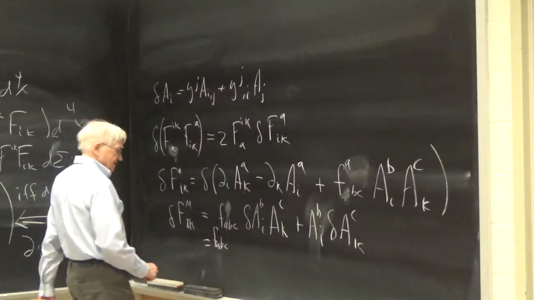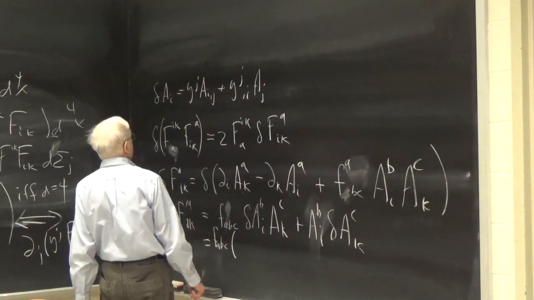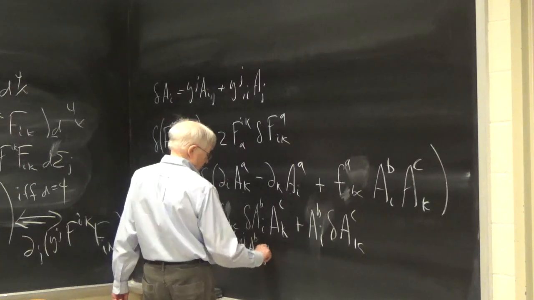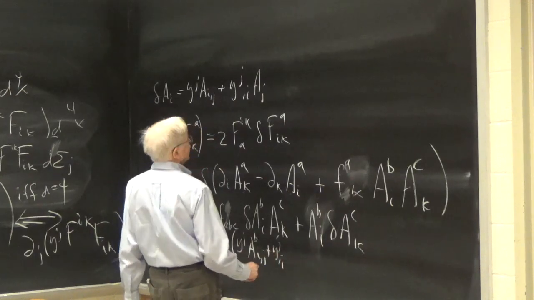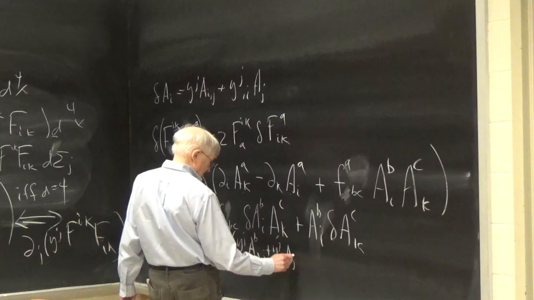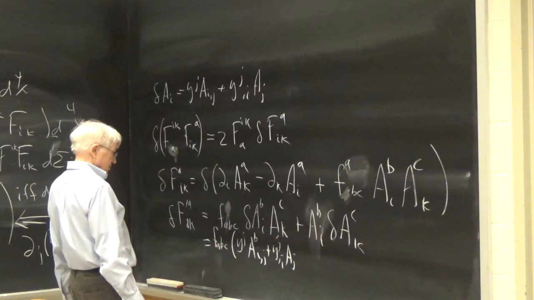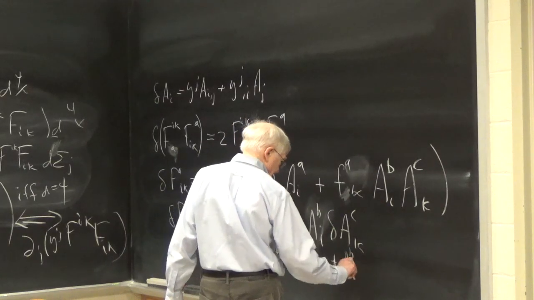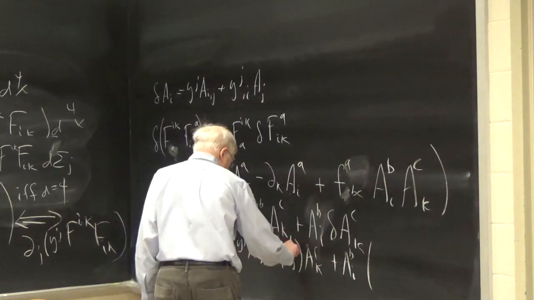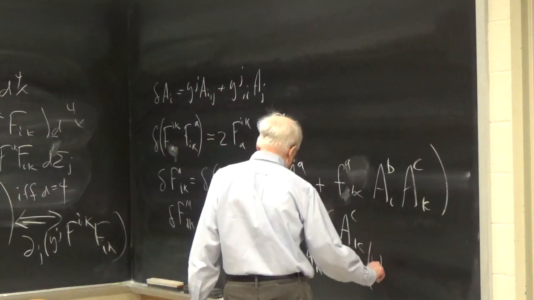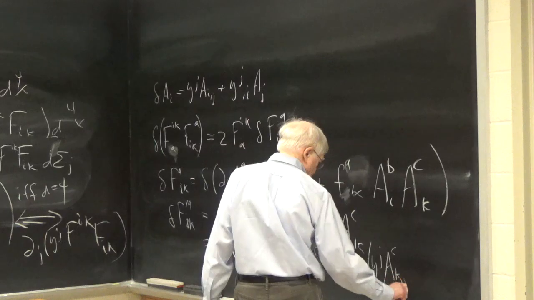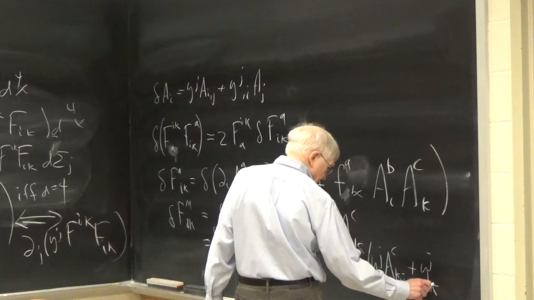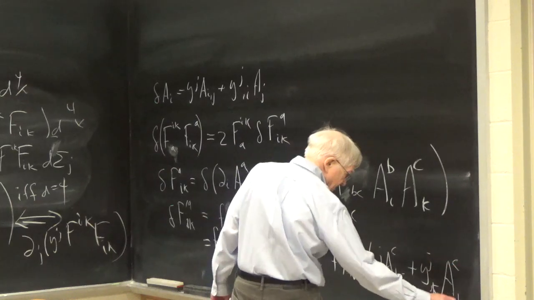Let me put my notes down since I'm not using them at all. The change in A^b_i is going to be y^j A^b_i,j plus y^j,i A^b_j, all that times A^c_k, and then plus A^b_i, and now we change b to c and i to k, so that's y^j A^c_k,j plus y^j,k A^c_j.